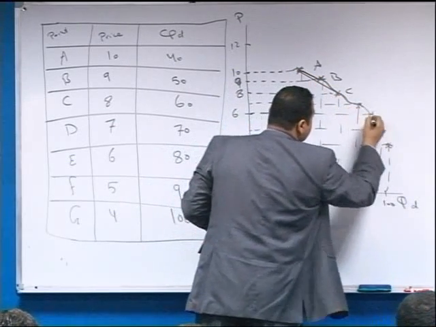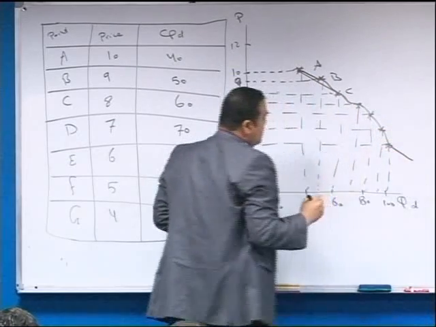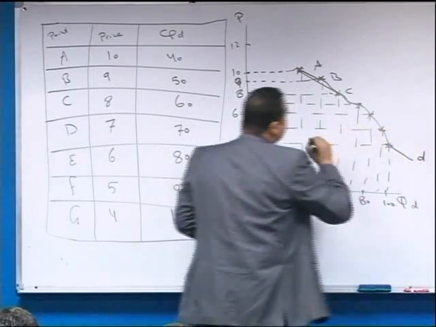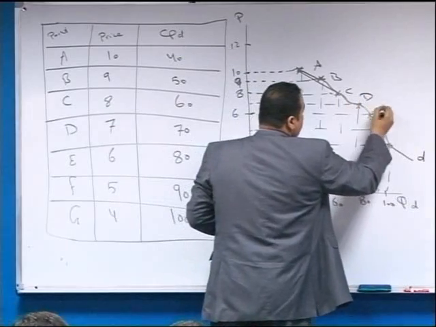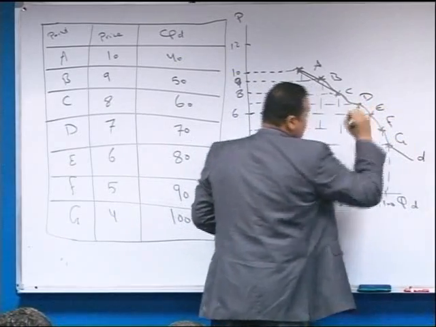If we connect these points together, we will reach the demand curve. A, B, C, D, E, F, G.